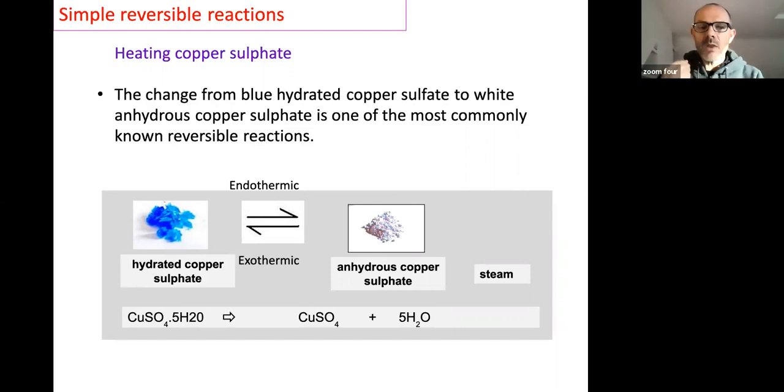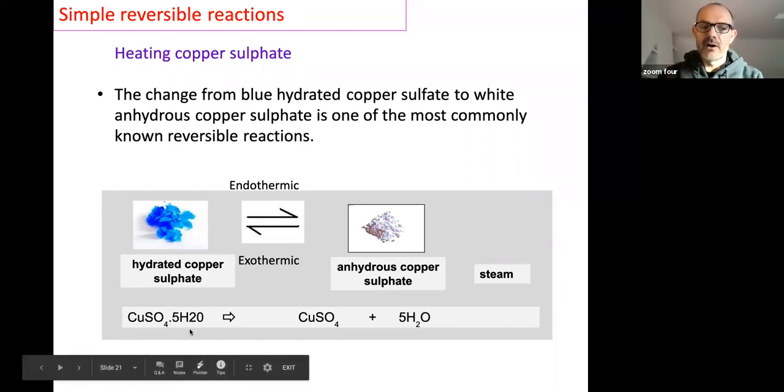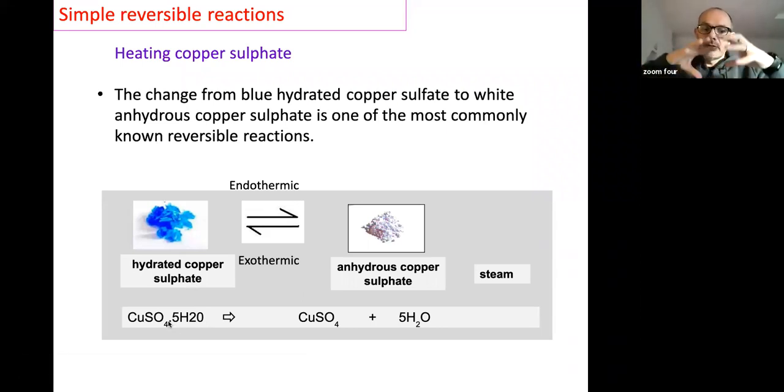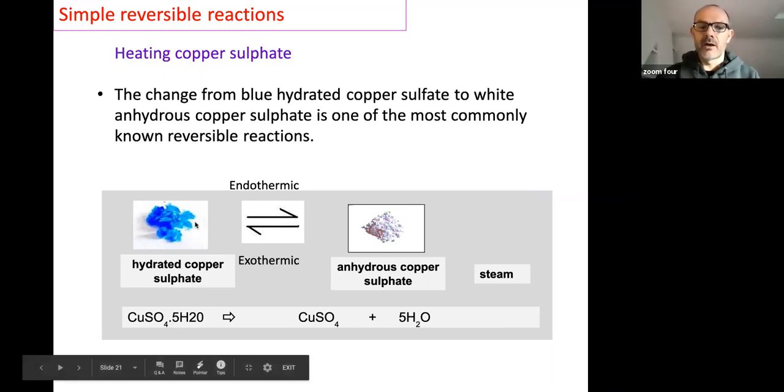And the hydrated copper sulfate, this where it says dot 5H2O, that actually means that the water is trapped inside the structure of the ionic lattice. It's not just wet, it's actually water particles are stuck inside the lattice. So it's actually part of the shape. It's what gives it this wonderful blue color.